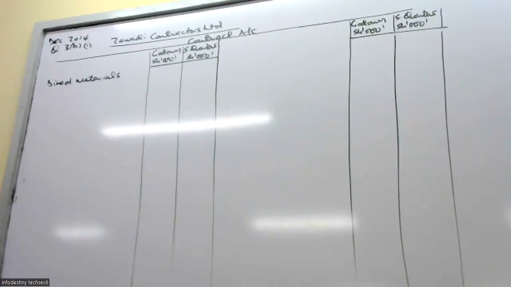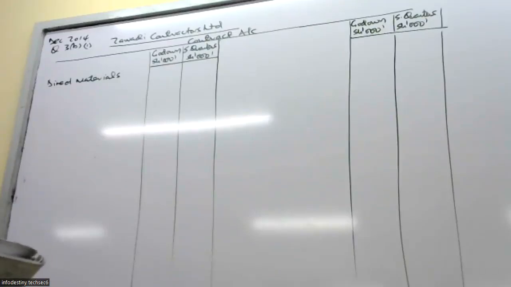So let's add together. So this godown, opening balance is 8,500. So we start from there, 8,500. Then there are deliveries. From stores is 15,000. You add to 18,500. Other deliveries are from suppliers, another 120. Add.